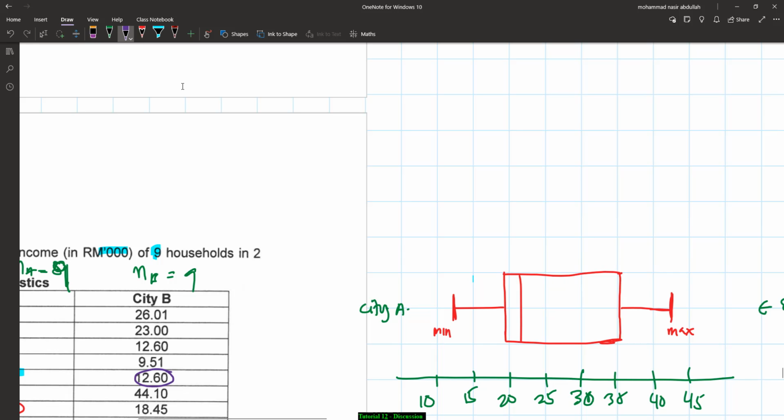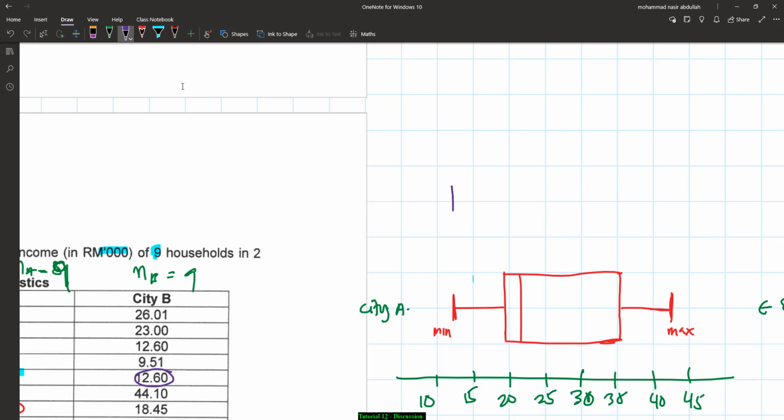So this one should be around here too, about 12.6, and the maximum value is 44.1.